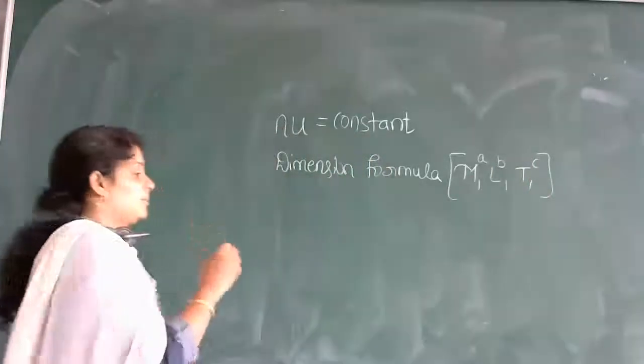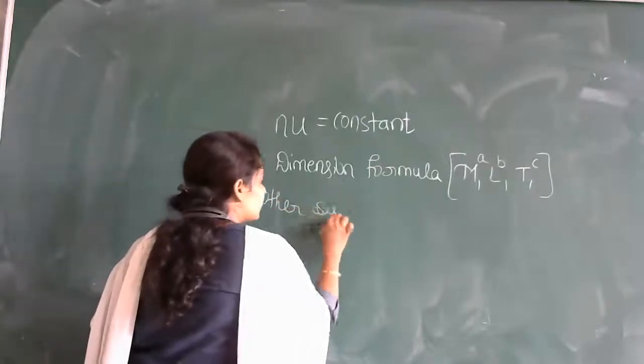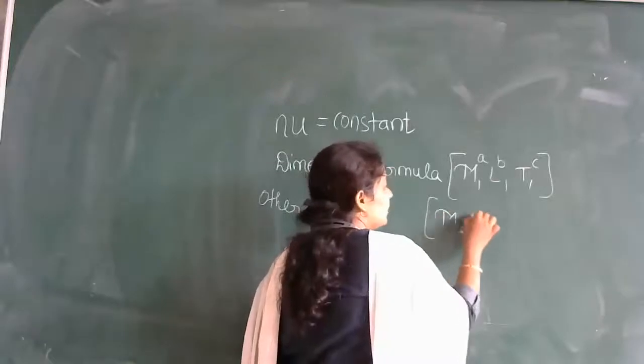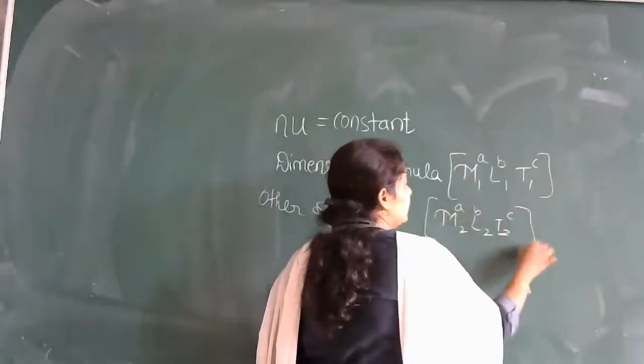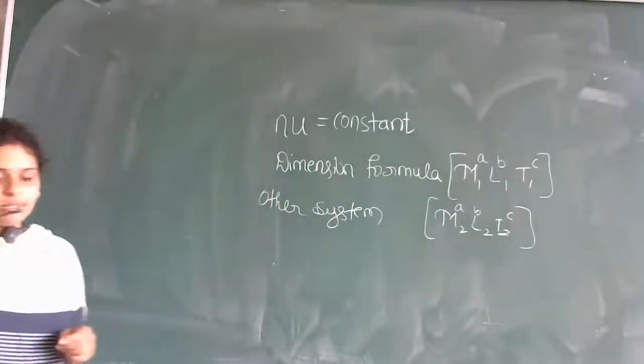In some other system, this can be written as M2 raised to a, L2 raised to b, T2 raised to c. Understood? So I have some physical quantity.